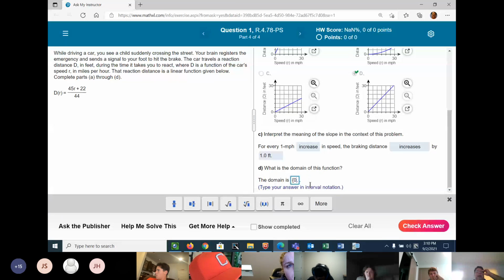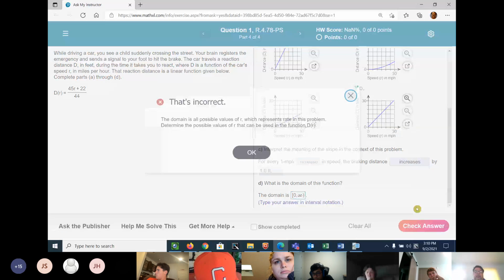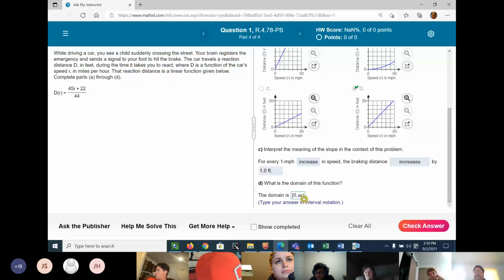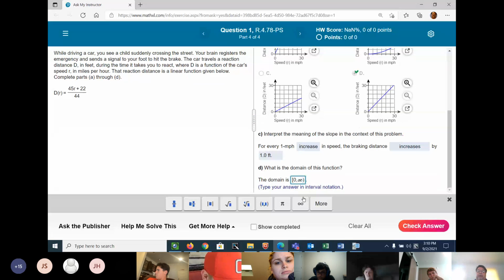Now, I disagree with a little bit of this question because I think somewhere you would have to say that there is a limit on your speed. Yeah, I thought that would be incorrect. So let's say 65 because they said the highest is 65 miles per hour.